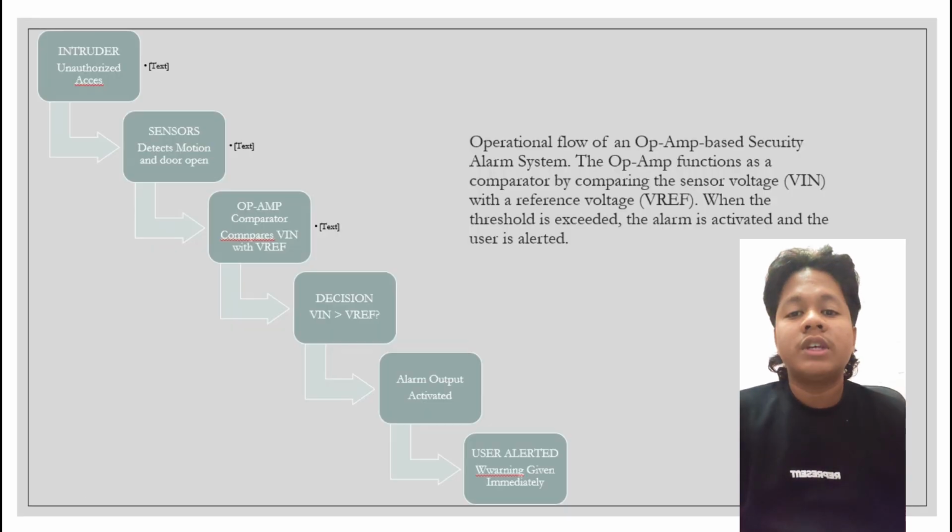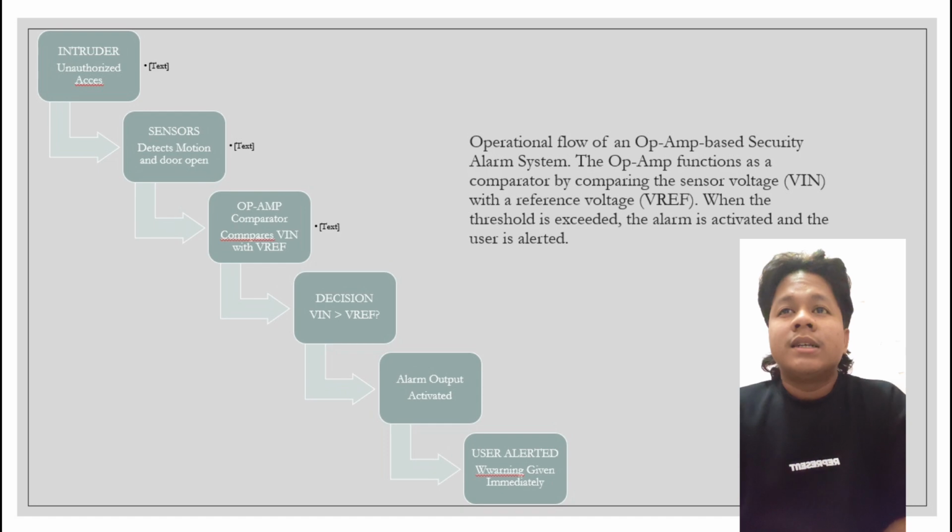Here is a flowchart about operational flow. This flowchart summarizes the complete operation of the system. The process starts when an intruder attempts unauthorized access. The sensors detect the intrusion and send signal to the OP-AMP comparator. The comparator then compares the sensor voltage with the reference voltage.